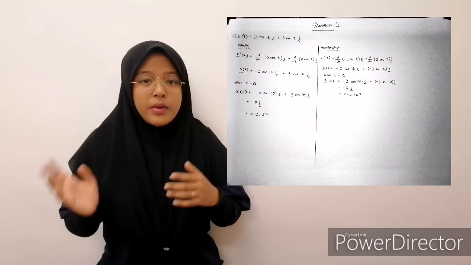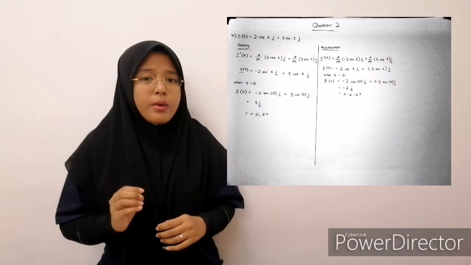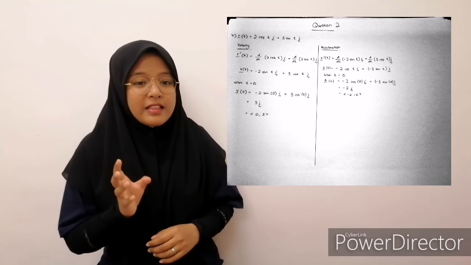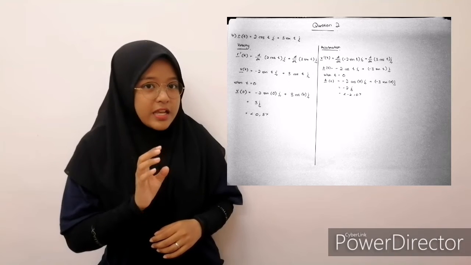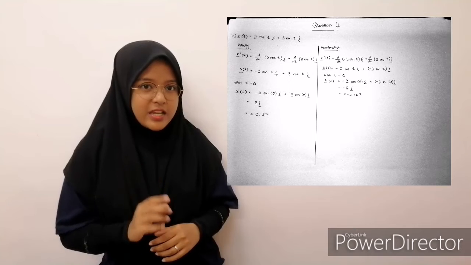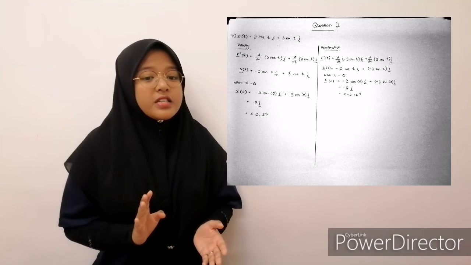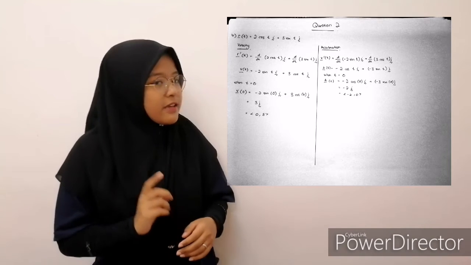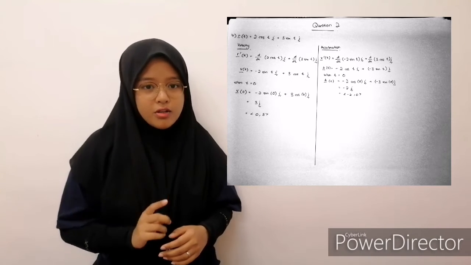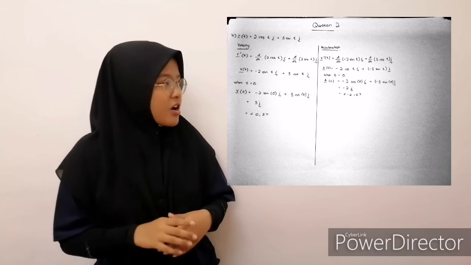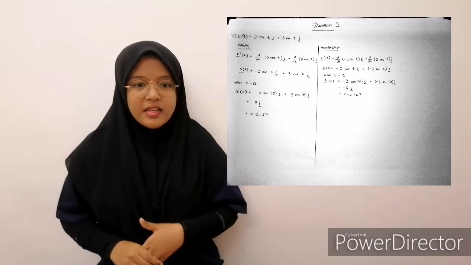Next is acceleration. We will find the acceleration, so we will differentiate the velocity. The velocity is negative 2 sin t i plus 3 cos t j. When we differentiate the velocity, we get the acceleration equal to negative 2 cos t i plus negative 3 sin t j.